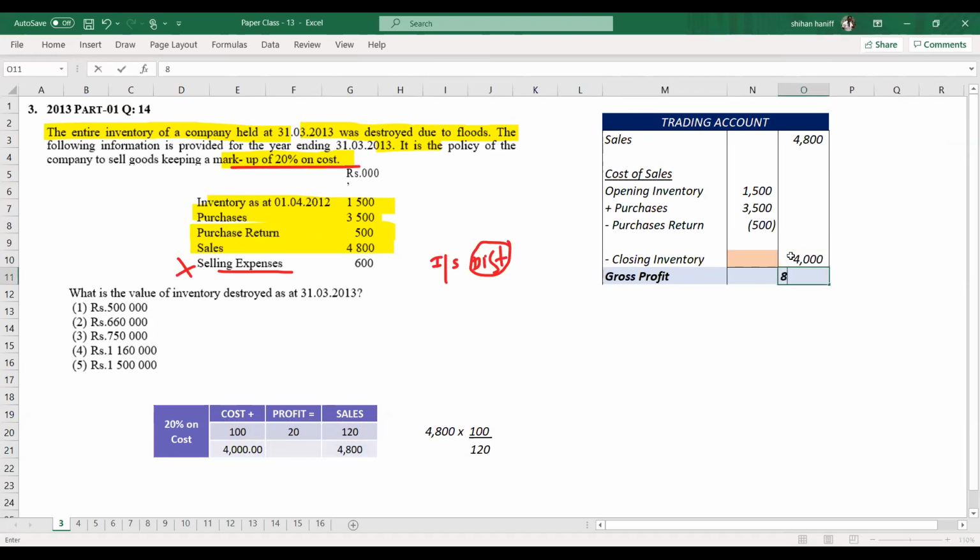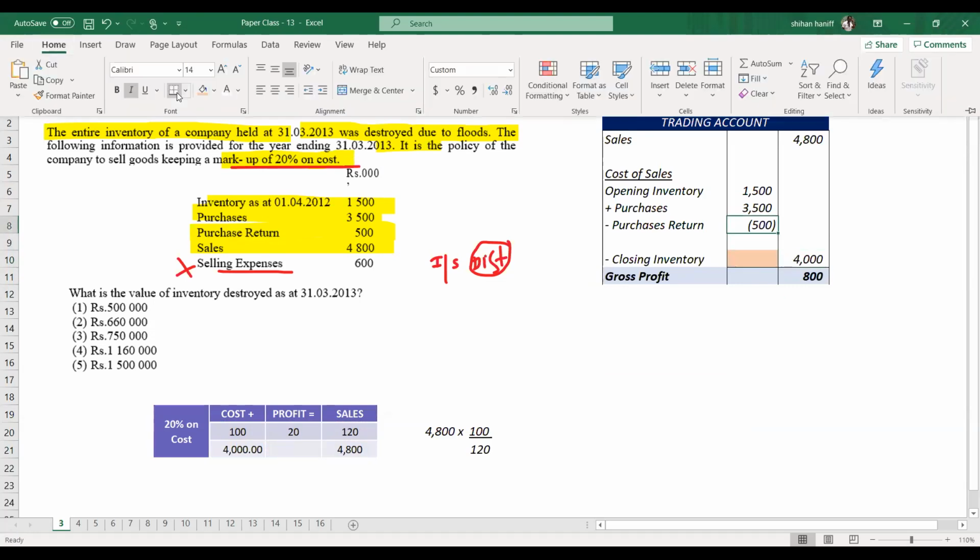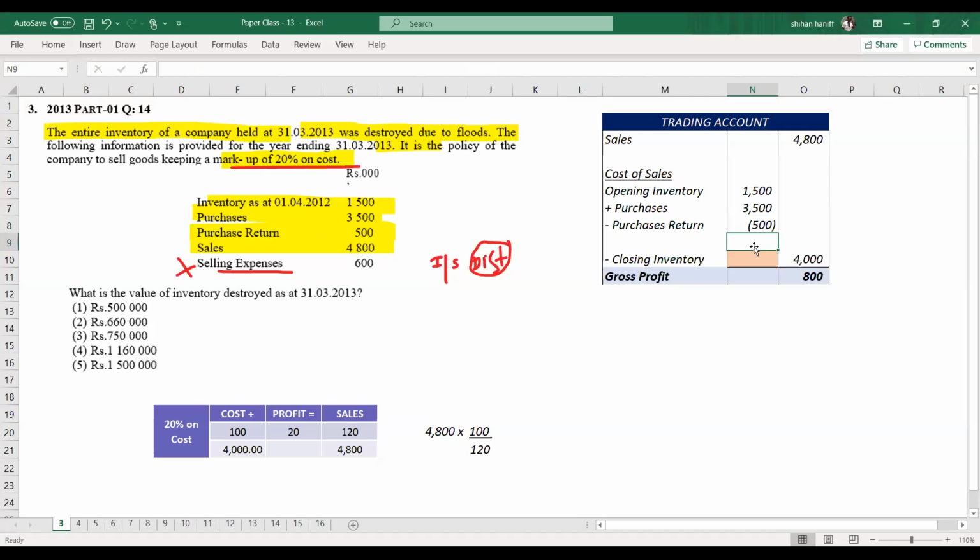Gross profit is 800. We don't need the gross profit. We need the cost of sales. So if the cost of sales is 4,000, how much is the closing inventory? So let's take the balance here. It's 4,500, and out of 4,500, if you deduct the closing inventory, you will get the cost of sales as 4,000.